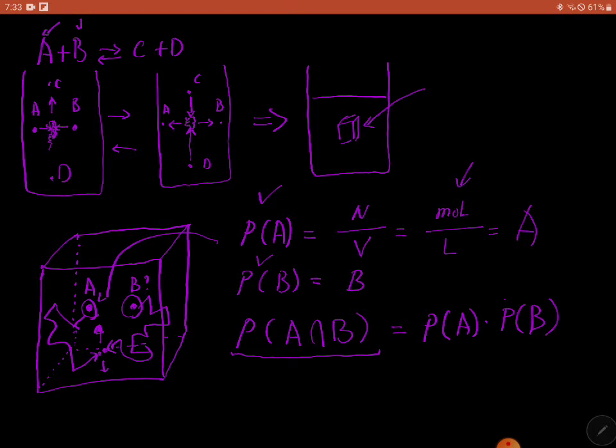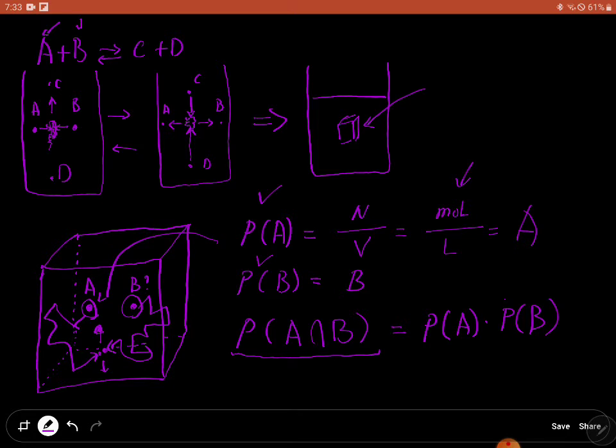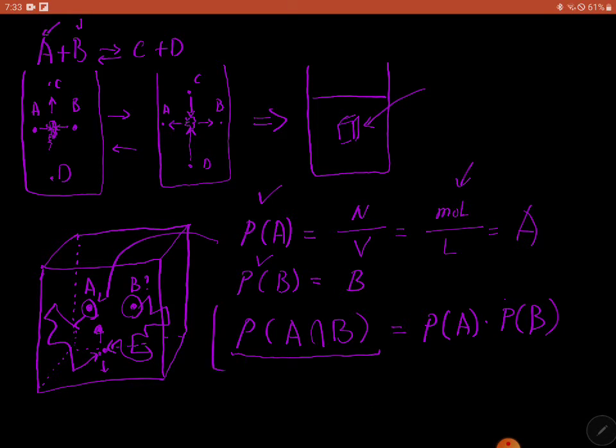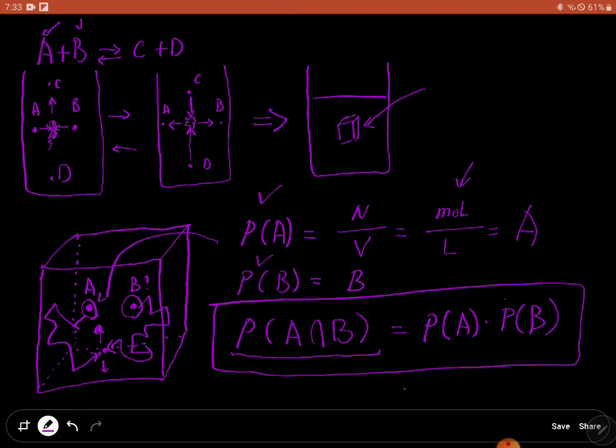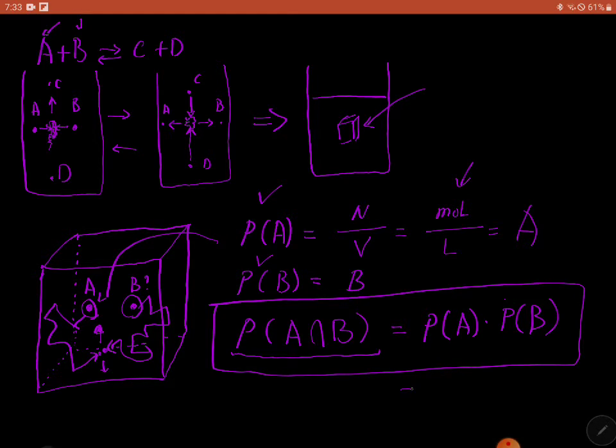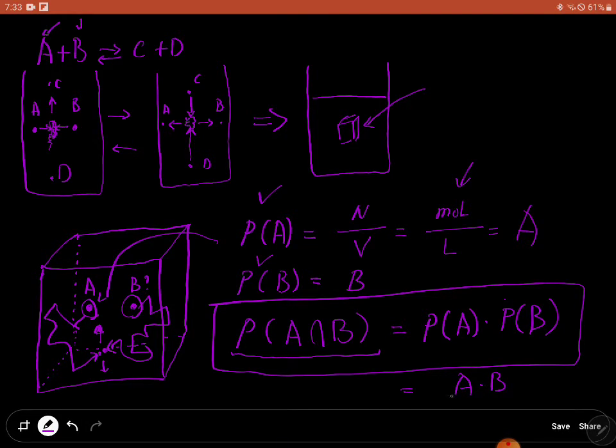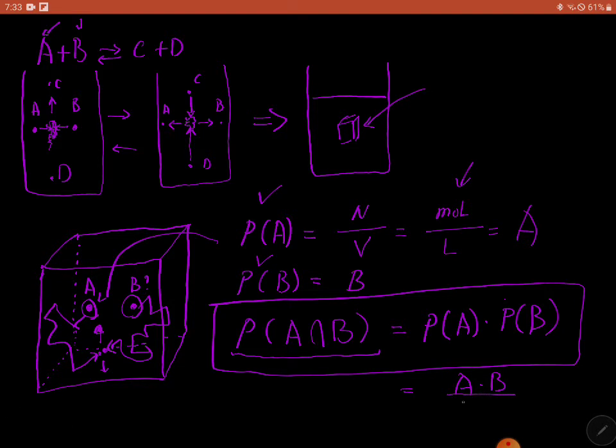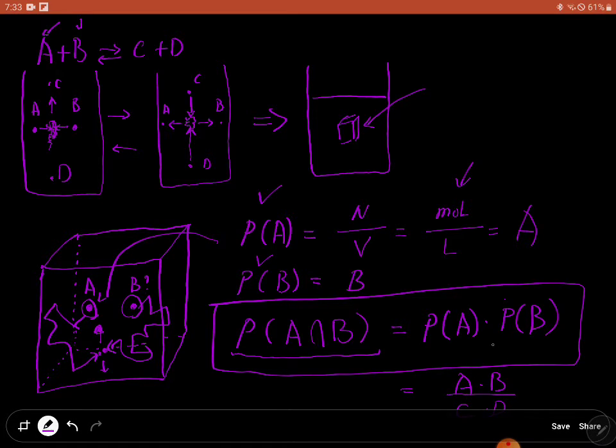All right, we're almost done. So this is the mathematical term, and in chemical terms, it must be A times B for the forward reaction, and in the same way the backward reaction must be C and D. So the multiplication we understood.